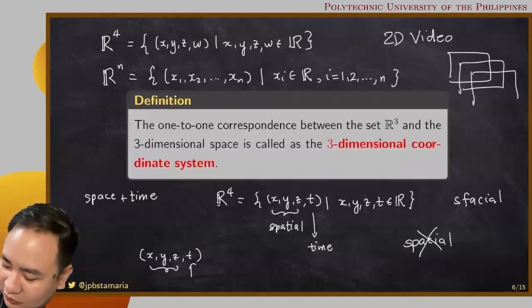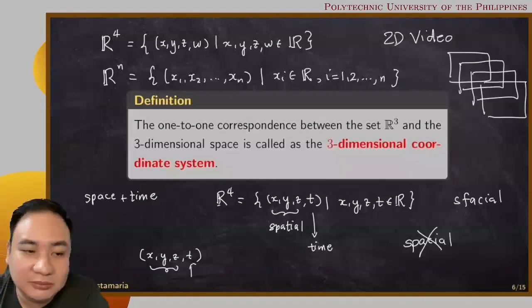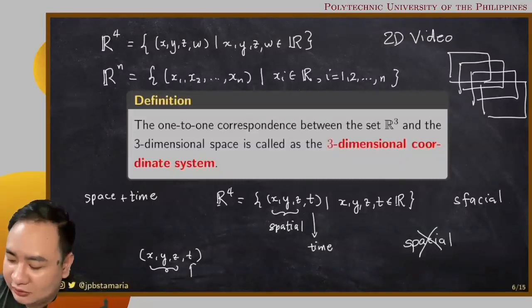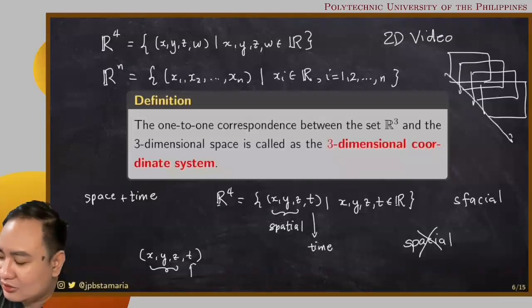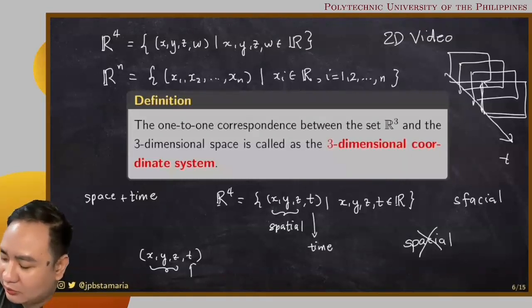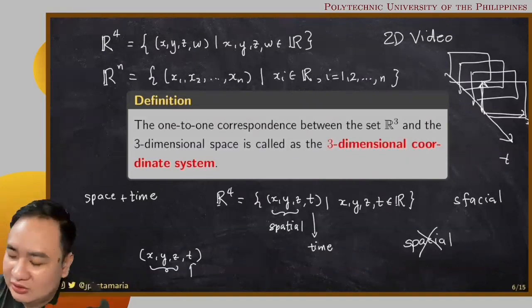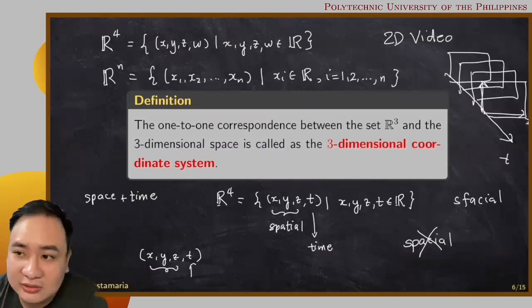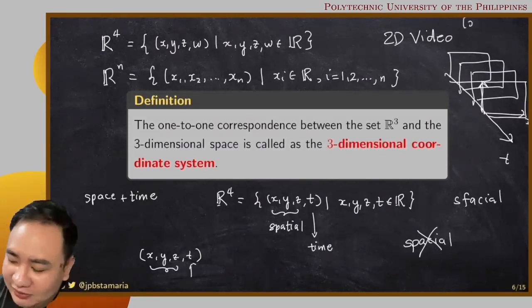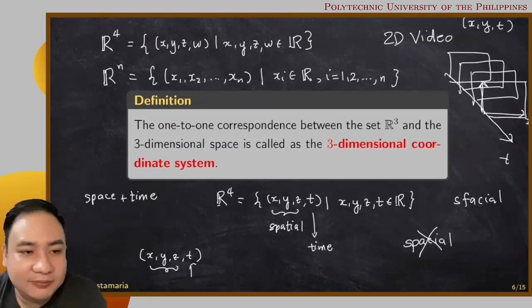Pinagdudugtong-dugtong ng computer, tapos yung brain na lang natin ang nagko-connect. Diba? Yung axis na ito yung time. Tapos yung bawat frame mo may x at y axis. Kaya yung 2D na video, it's actually a three-dimensional space-time. Meron kang x, y, t.